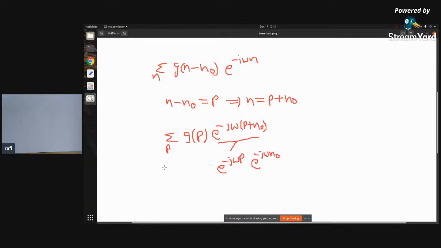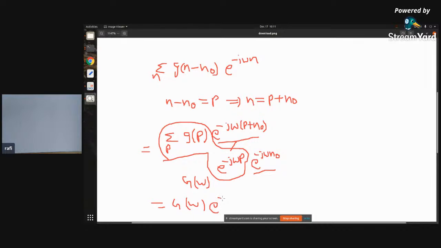What is summation over p of g of p e power minus j omega p? This is independent of n naught now, so this is G of omega. So this will give rise to G of omega into e power minus j omega n naught.